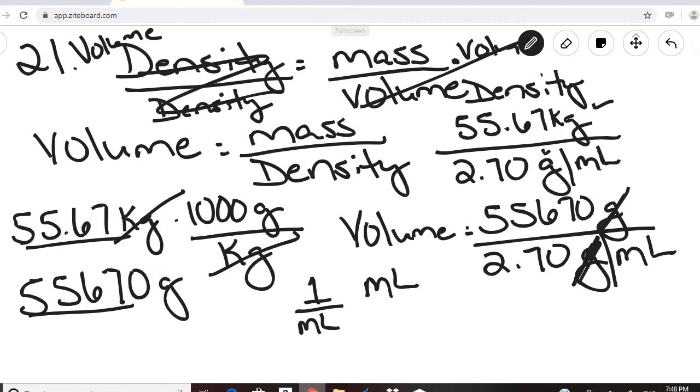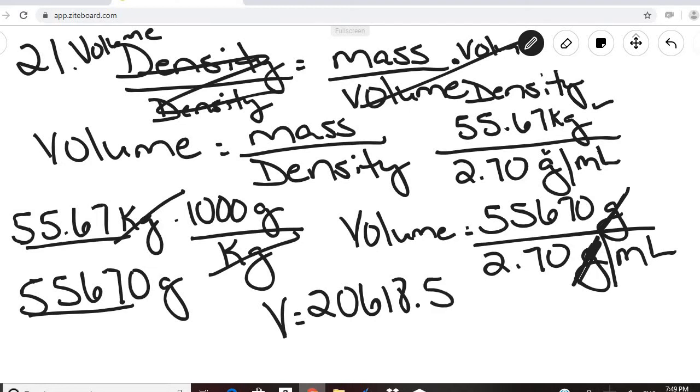So the units that we're left with will be milliliters. So 55,670 divided by 2.70. What you will get for volume is 20618.51852 milliliters.